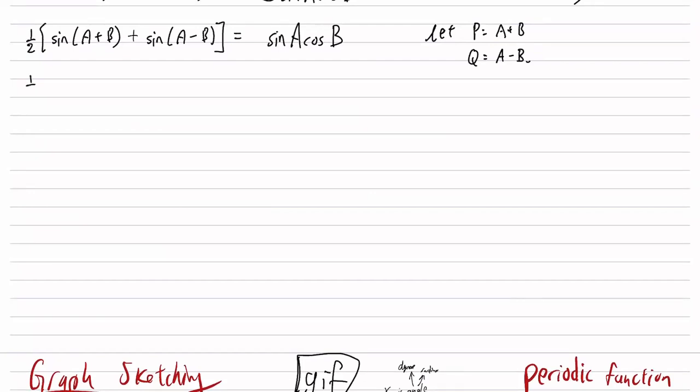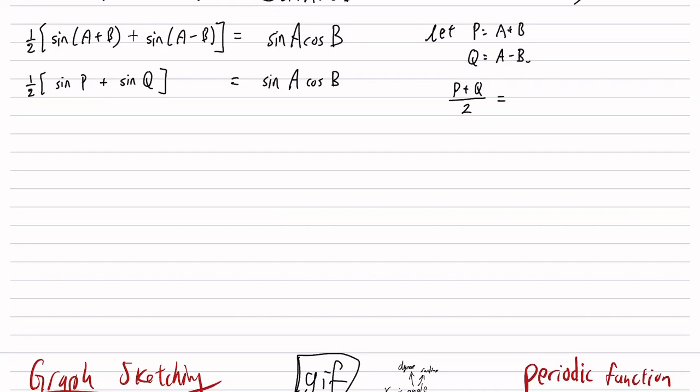This formula now updates into half bracket sine P plus sine Q. Agree so far? Equals sine A cos B. I'll just leave it as that. But here you need to make a very critical observation about this P and Q. What if I take P plus Q, then I divide by 2? What is this equal to? A.